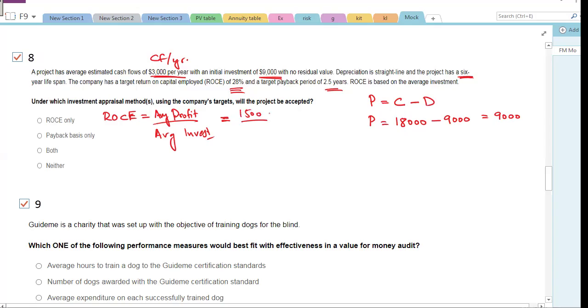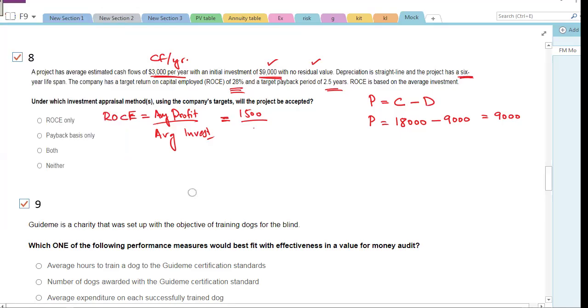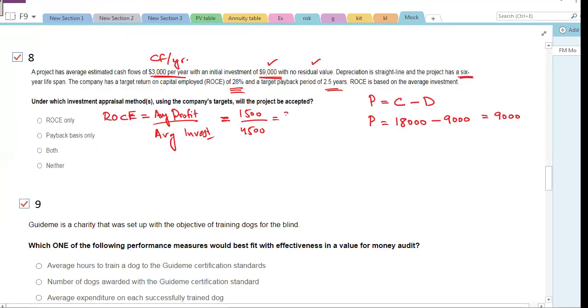Average investment is the initial investment plus the residual value divided by 2. So 9,000 plus 0 divided by 2 will be 4,500. So 1,500 divided by this will be 33.33%, right?